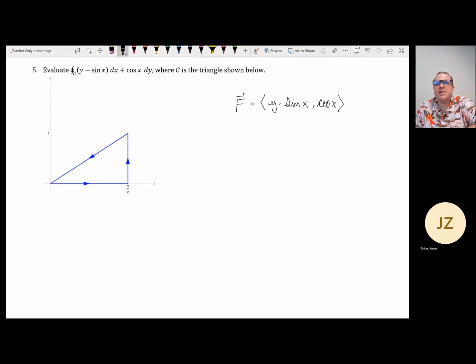The lemniscate, I think is what it's called, the infinity symbol, is not simple, but it's the union of two simple curves. That means we can use Green's theorem.